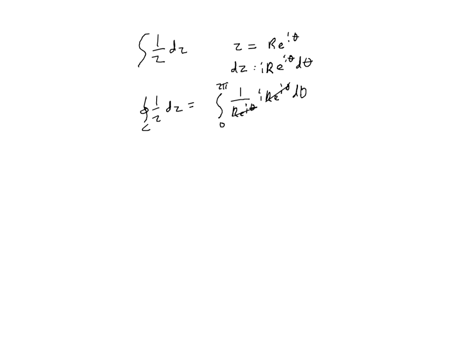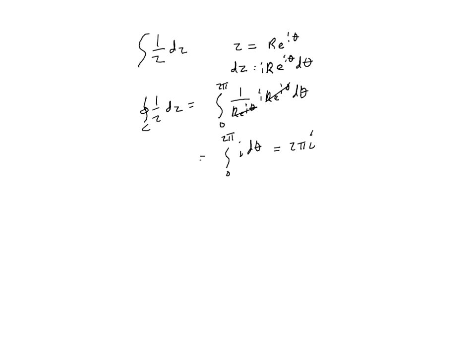And then basically everything cancels out except for the i, and you have the integral from 0 to 2 pi of i d theta, which is just 2 pi i.